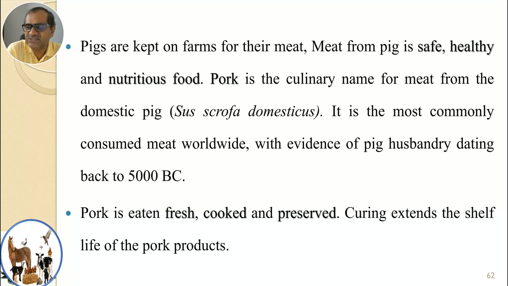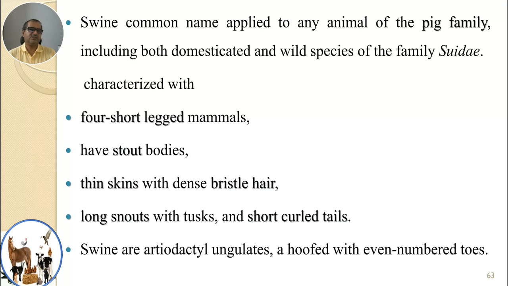Then curing extends the shelf life of pork products. Curing means, especially dressing of the pigs, will make them have the proper shelf life. Always it is preserved, and it is useful for people to preserve them for a long time, and the shelf life also increases.